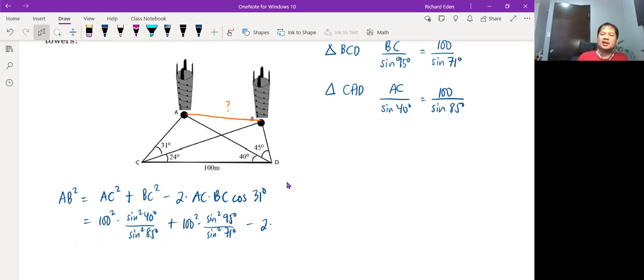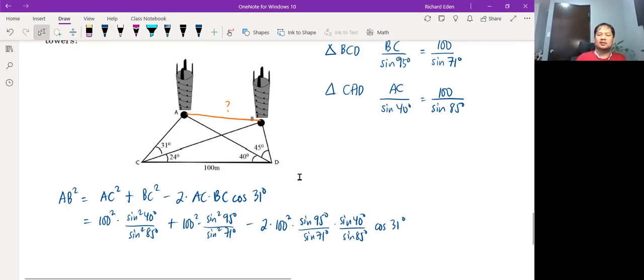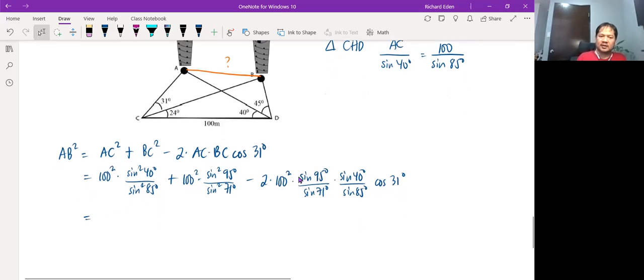When you multiply the expressions for AC and BC, you're again going to have 100 squared, then sine of 95 degrees over sine of 71 degrees, then sine of 40 degrees over sine of 85 degrees, and then cosine of 31 degrees. There are so many cosines and sines. But, well, let's put aside the 100 squared.